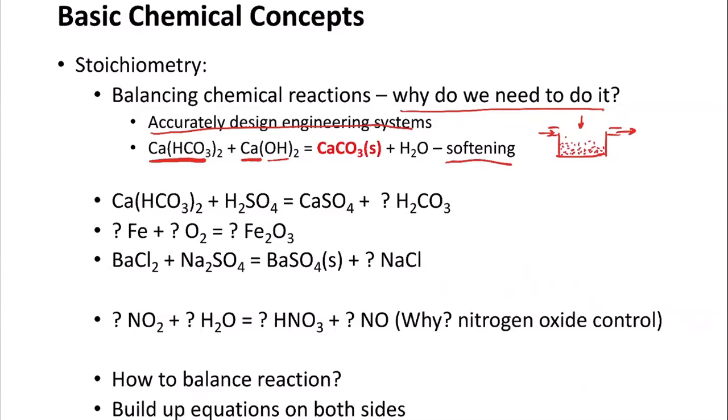You don't want to let these solids fill the entire tank before you clean up the tank and make it work again. So we want to continuously extract these solids at the bottom, at the correct rate. That will involve the calculation of how much of the calcium carbonate is going to form here.